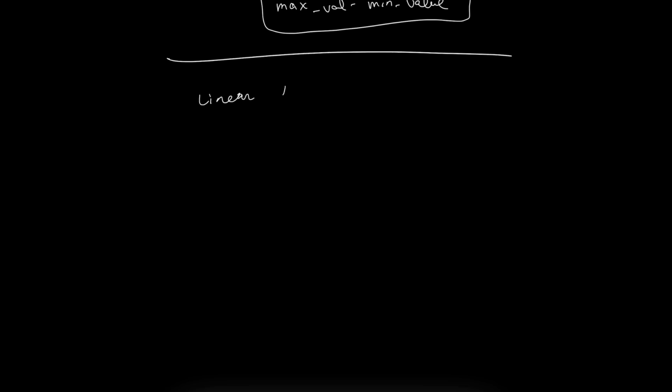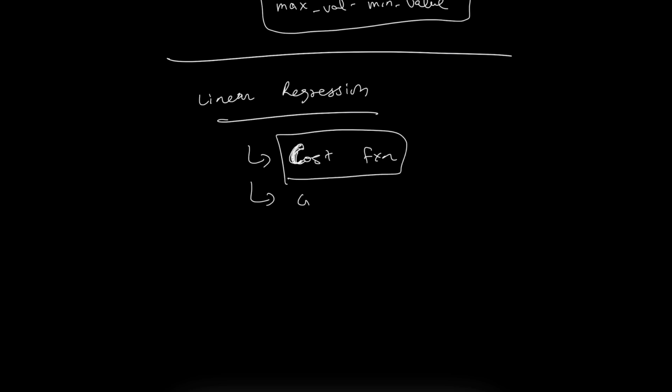Linear regression has a few components. One is the cost function. Second is how we optimize or get a lower cost from this cost function, and we do that by calculating the gradients, by going through gradient descent, and then choosing a learning rate that will give us the size of these updates.